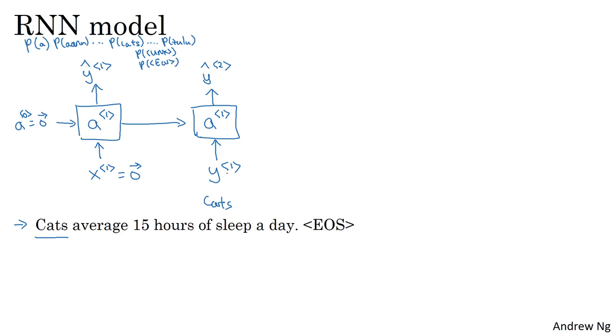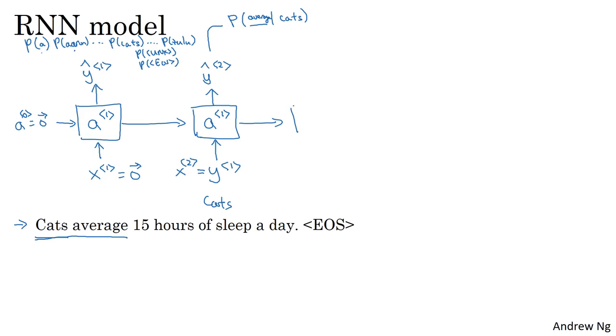And this is why y1 is equal to x2. And so at the second step, the output is again predicted by a softmax. The RNN's job is to predict what's the chance of it being whatever word it is. Is it A or Aaron or cats or Zulu or unknown word or EOS or whatever, given what had come previously. So in this case, I guess the right answer was average, since the sentence starts with cats average.